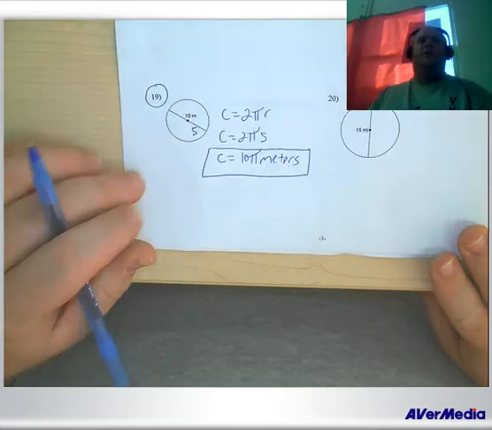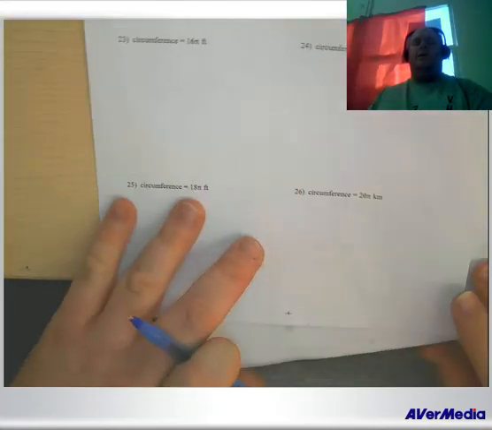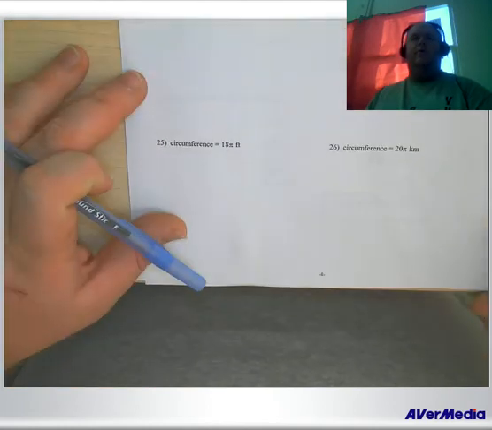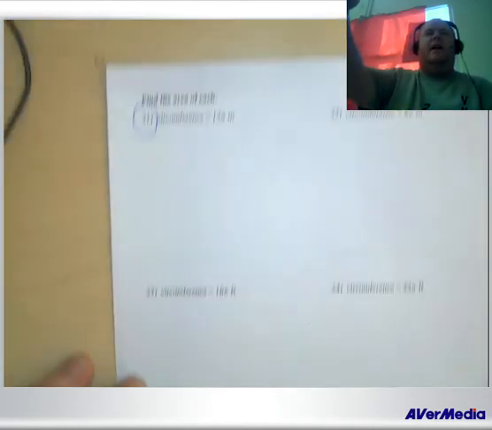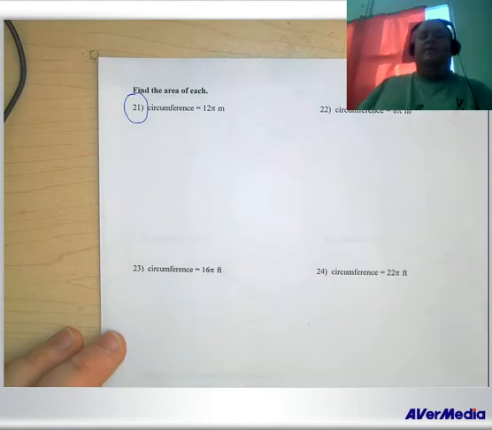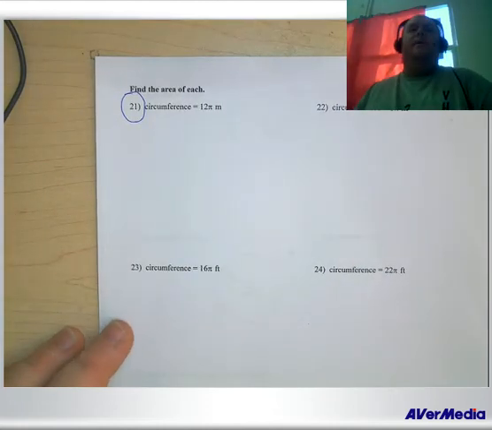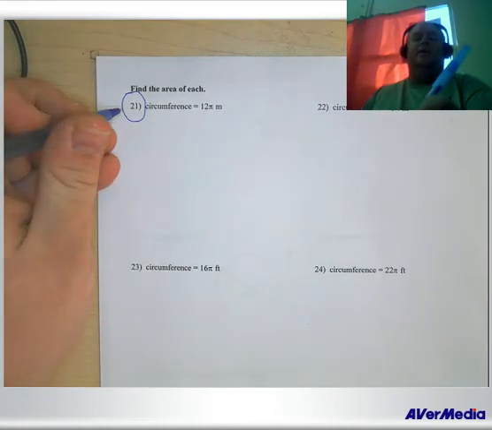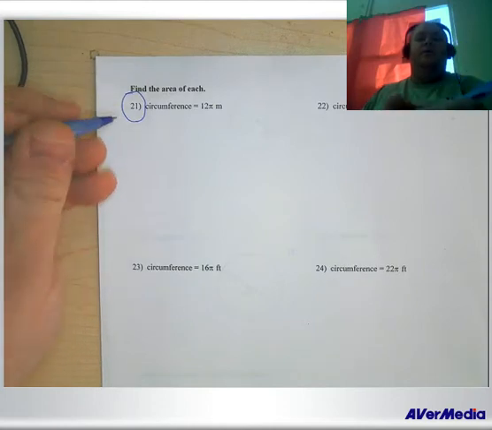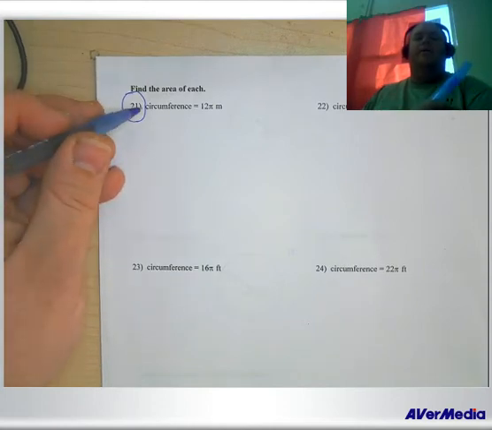The next question they gave on this homework is question type 21 through 26. It says find the area of each circle, and they give us the circumference. So from the circumference, I'm going to have to find the area. And so what we just do is any type of problem, find what you know.